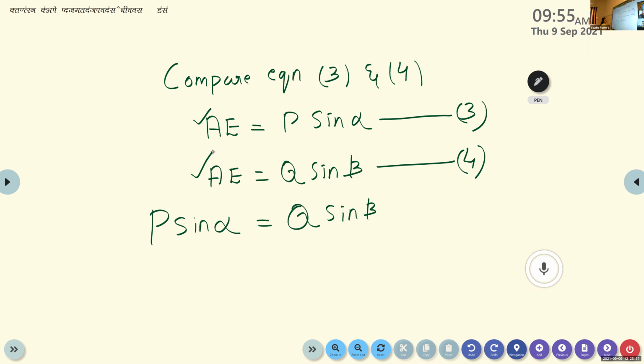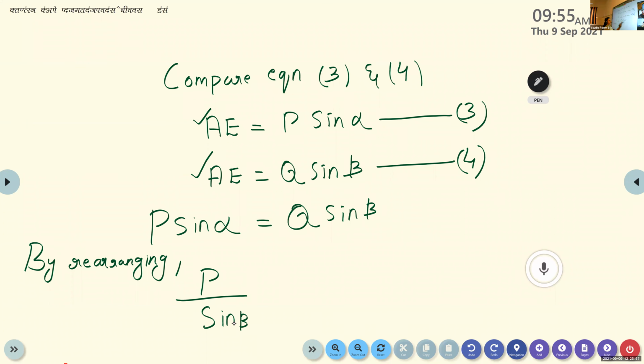Here also we can rearrange the equation by interchanging the sine angle terms between LHS and RHS. By rearranging, we take the sine beta term to LHS, and now we take the sine alpha term to RHS.